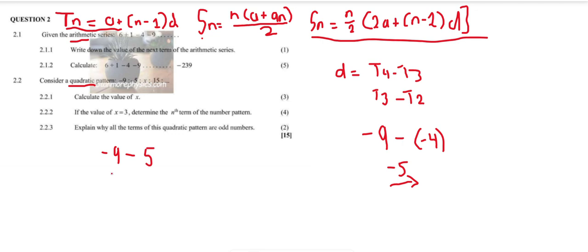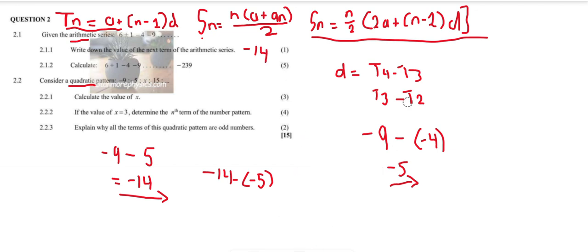Negative 5 minus 5 gives us an answer of negative 14. So the next term is negative 14, because if we say negative 14 minus 5 that will give us an answer of negative 9. Now once we have established that this is minus 14.